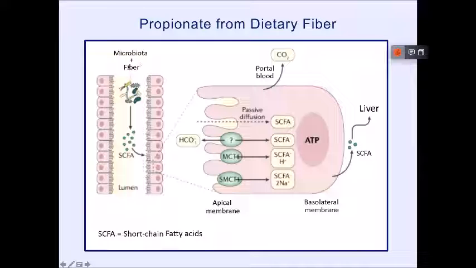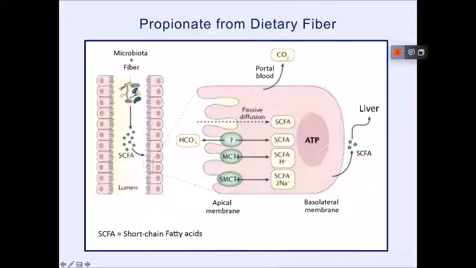But no, it may do that, but one of the major roles of fiber is it serves as a food for gut bacteria. And one of the major byproducts of gut bacteria when they metabolize fiber is to generate short-chain fatty acids. And all these groups that I've talked about, acetate, butyrate, propionate, those are short-chain fatty acids.